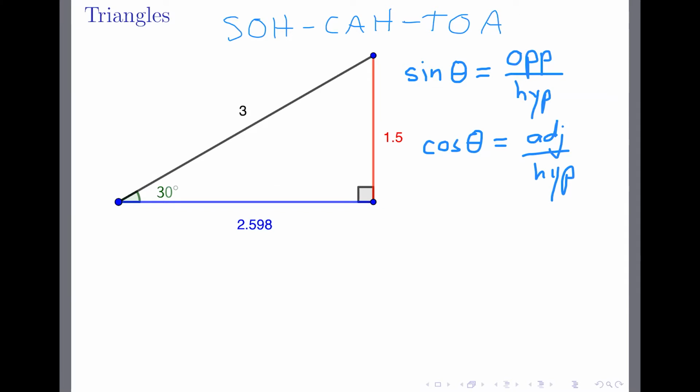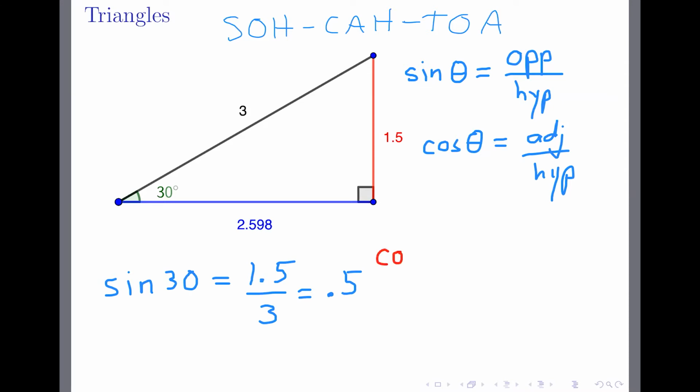So if you want to know what's the sine of 30 degrees, well, it's the length of the opposite side divided by the length of the hypotenuse. So that's going to be 1.5 divided by 3. And 1.5 divided by 3 is 1/2. So that's 0.5. If you wanted to know the cosine of 30 degrees, what would that be?